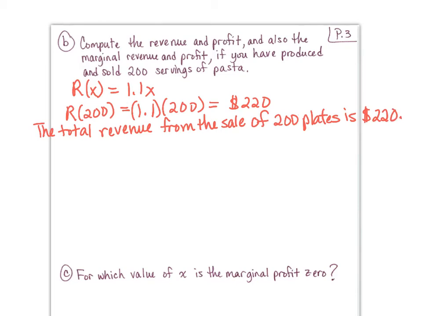Now, we also have to consider the profit, because we have to compute the profit as well if we produced and sold 200 servings of pasta. So P of x, what is P of x? Remind me what that is? Well, we've actually found the formula. We're building on from what we found in A. P of x was equal to what?